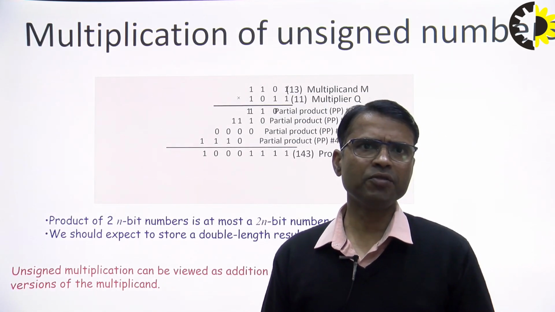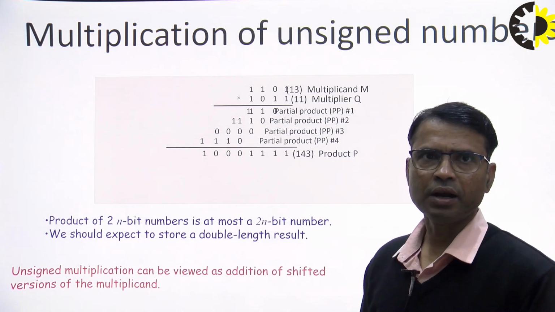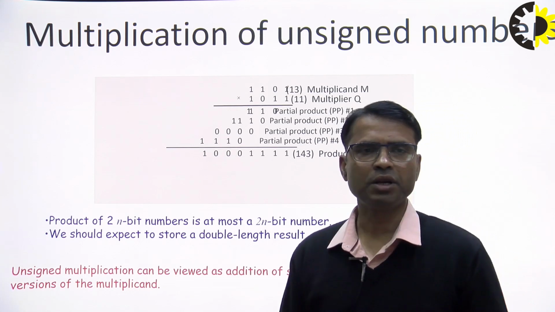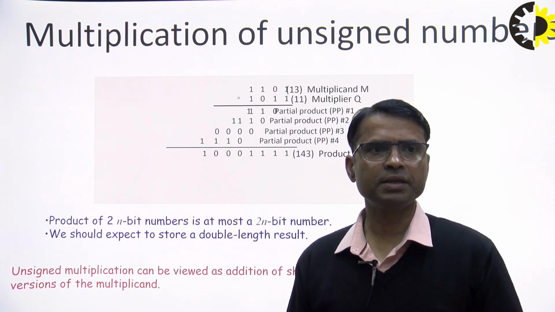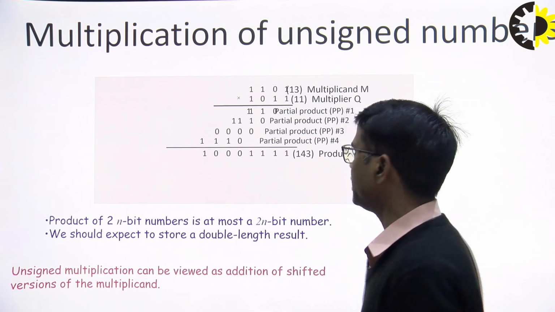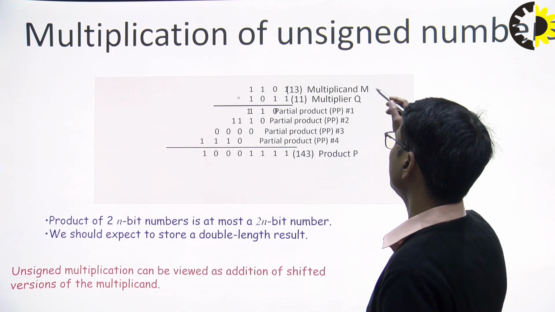Now, continuing further, today we will understand the process of multiplication and how to make it more optimized and fast. In the slide you can see the multiplication of two numbers.